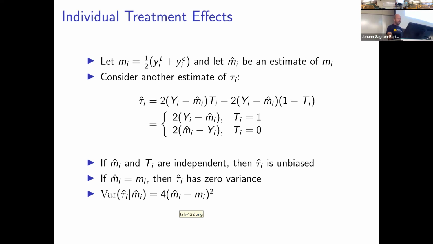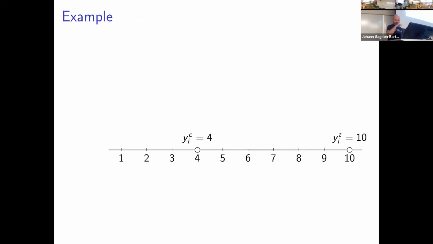I like pictures, so here's all of this in a picture. Say we've got a situation where the control potential outcome is 4 and the treatment potential outcome is 10. So the treatment effect, which we never observe, is 6. And this M_i, which we also don't get to observe, is 7.